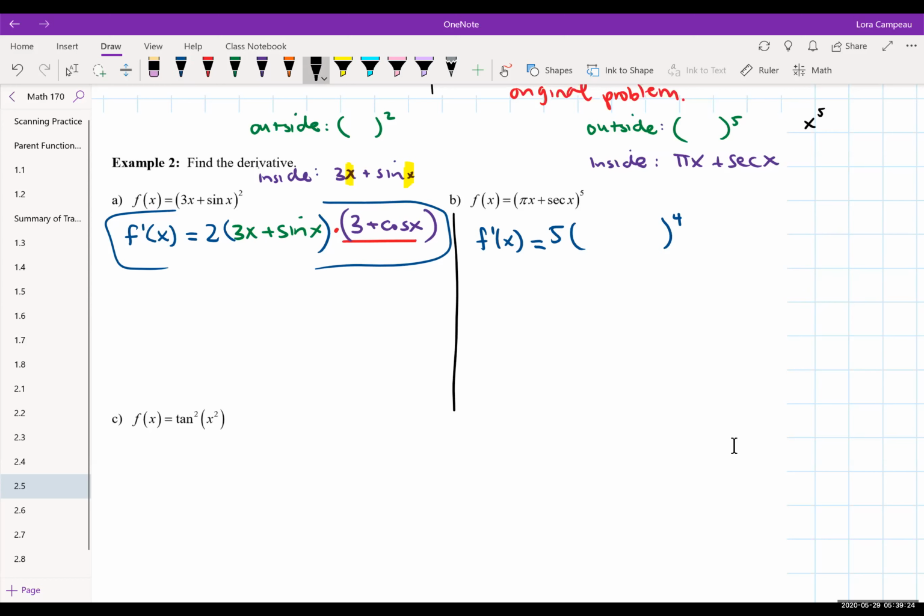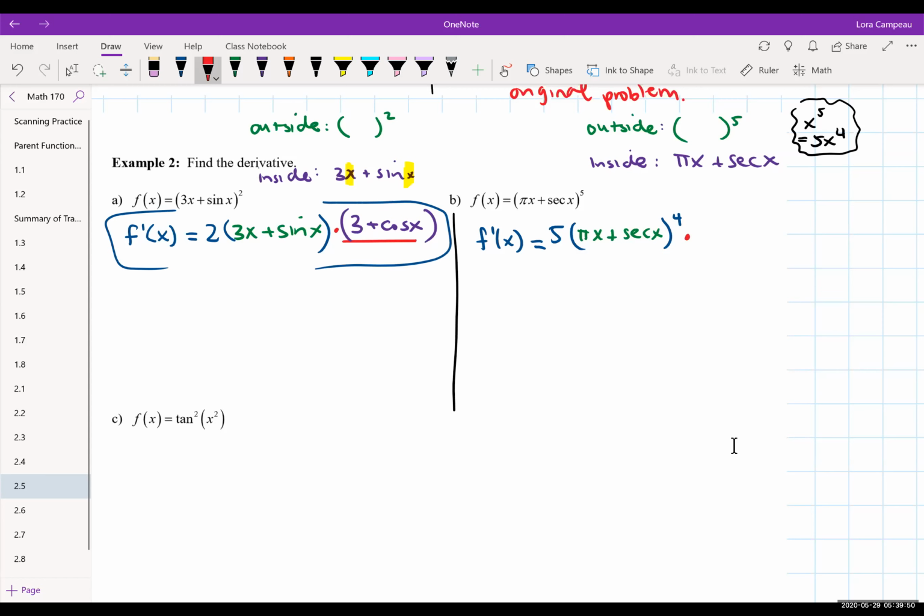So if you're looking at the derivative of x to the 5th, that jogs your memory into figuring out what you are supposed to do with that outside function. I don't recommend this because sometimes it gets a little complicated, but if you do need a memory jogger, go for it. So we have 5 times something to the fourth, and that something to the fourth ends up being the inside. That's pi x plus secant x.